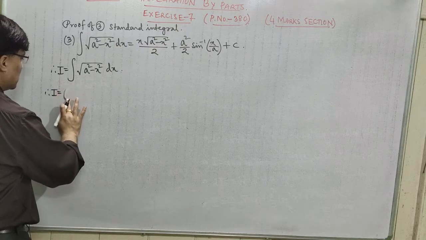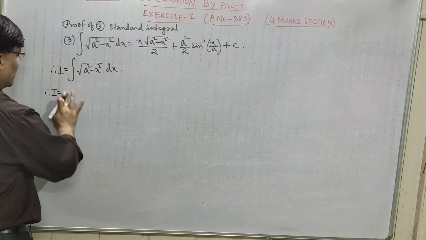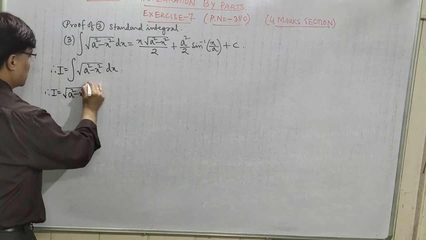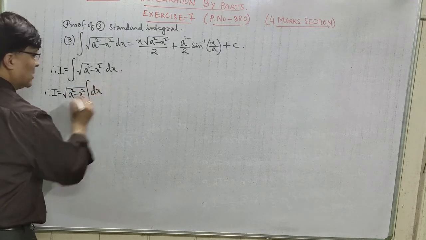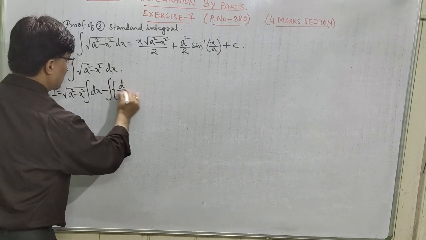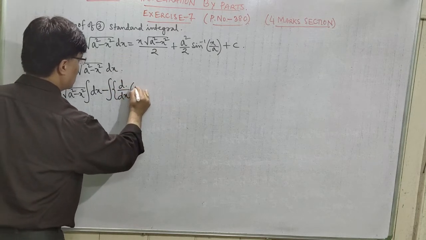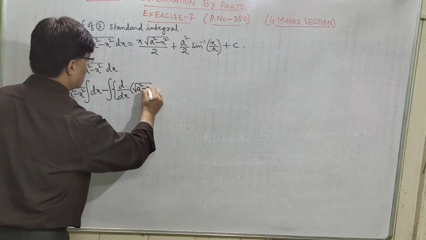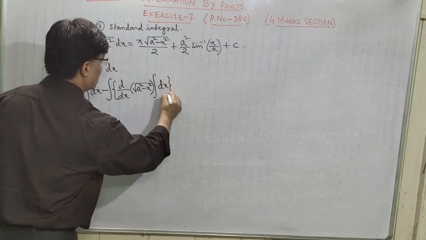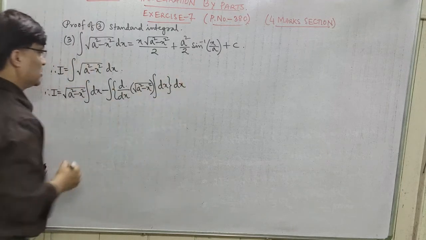So this is your root over a square minus x square taken outside, integral of 1 dx, minus the integration of the second bracket, d by dx of root over a square minus x square, integral of 1 dx, second bracket closed, dx.